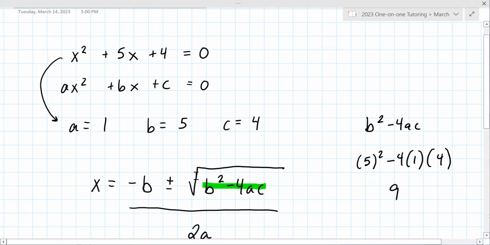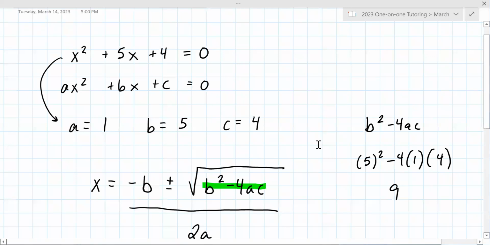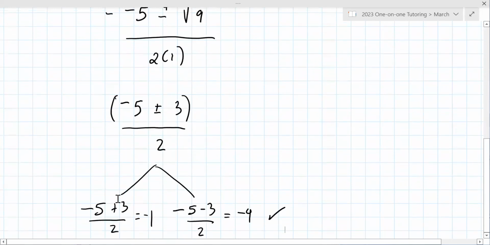You write out the formula, and what you can do is come up to the side and work on this part under the square root. That's where most of the errors occur when you're working on problems like this. And then you get that number, put it back under the square root, simplify the square root, and then you split it apart. You kind of the positive and the negative here.